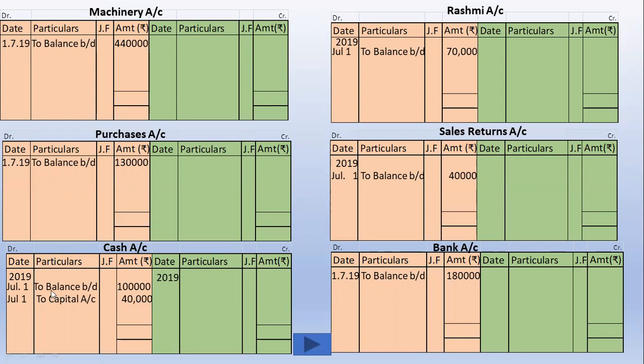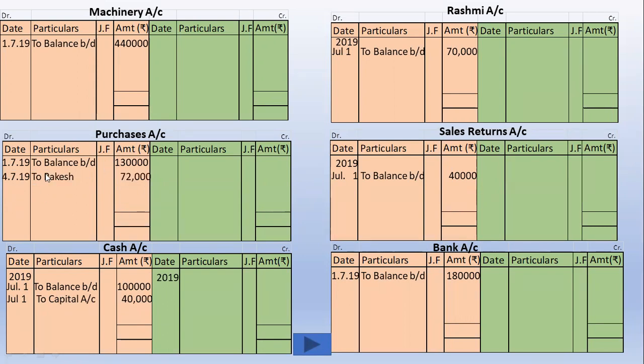Second transaction: bought goods from Rakesh rupees 80,000 at 10% trade discount. This entry would be taken in purchases account debit side with rupees 72,000 and credit side of Rakesh account.